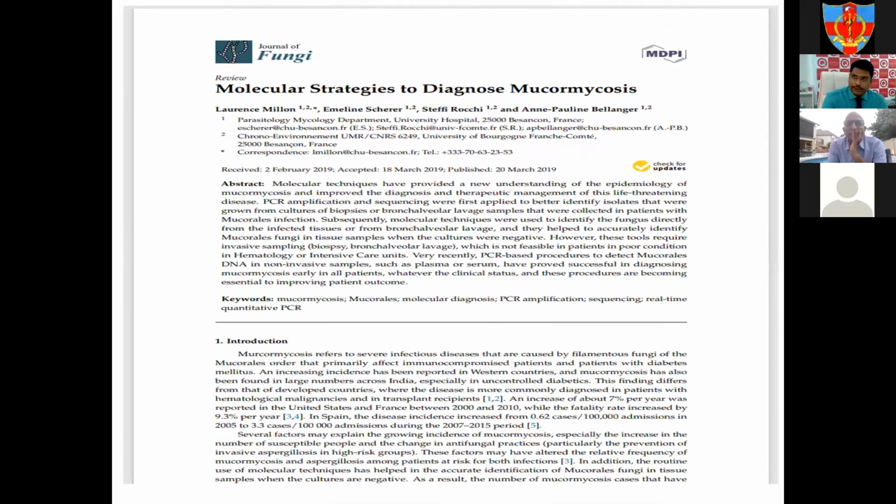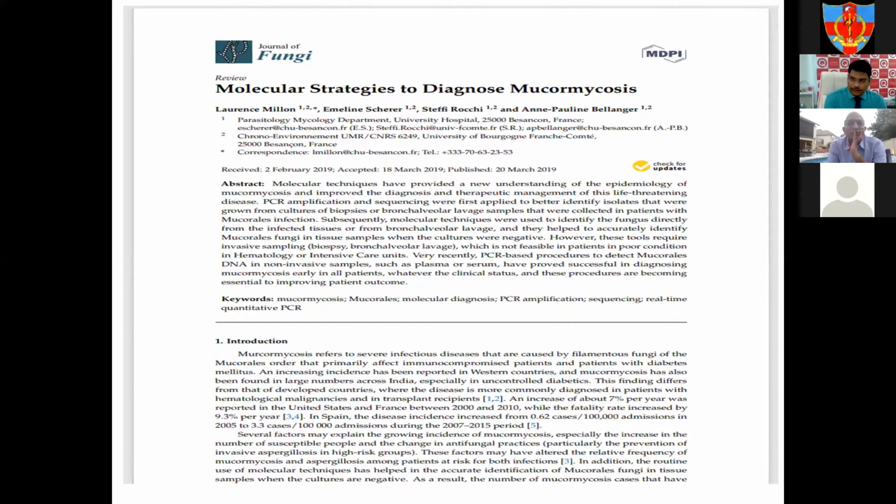So this is a review article which talks about the strategies, and why we have to do a molecular study. Molecular studies by and large have proven to detect early, to make an early diagnosis of fungal infection, to the extent that it is detected much before a clinical manifestation or even a radiological observation of a fungal infection.